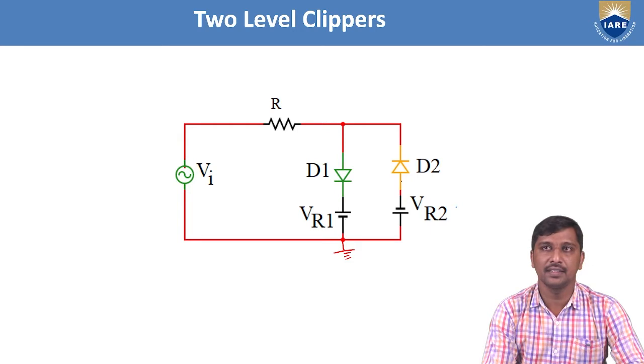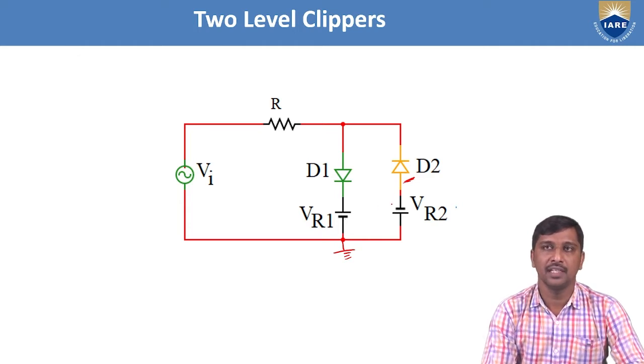And if you use D2 in the same fashion, with VR2 removed, and D1 and VR1 removed, then the circuit acts as a negative peak clipper. Suppose you remove D2, VR2 and VR1, and only D1 is connected to ground potential, then the given circuit acts as a positive peak clipper.